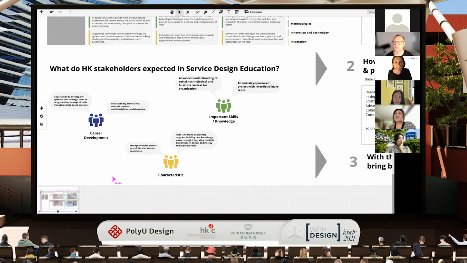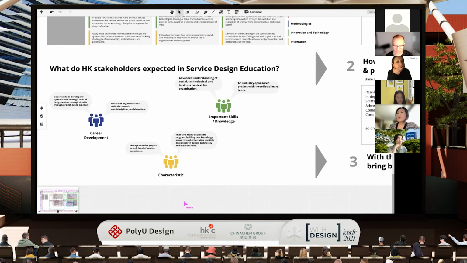And then secondly, they also mentioned what kind of usefulness in an education pathway could be useful for their career development. They wish to have learning opportunities with an understanding of digital transformation, such as big data or AI, or business, more strategic level.